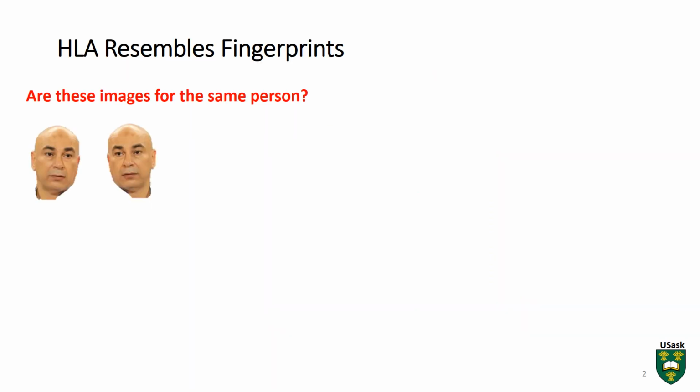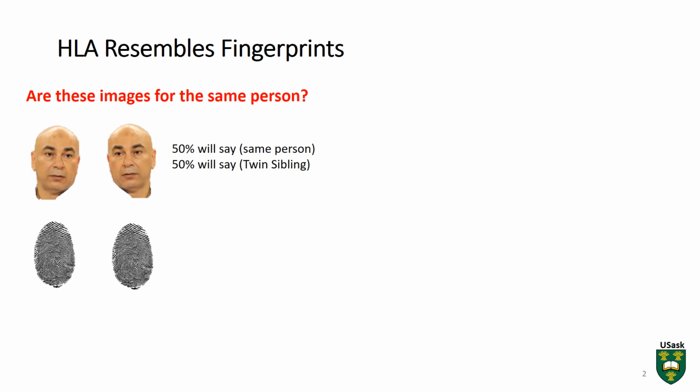So if I ask you about this image, are these images of the same person? 50% of the audience will say yes, they are the same person, and another 50% will say they could be identical siblings. So in order to differentiate between them, if we did fingerprints, and these fingerprints are identical, then they are of the same person.